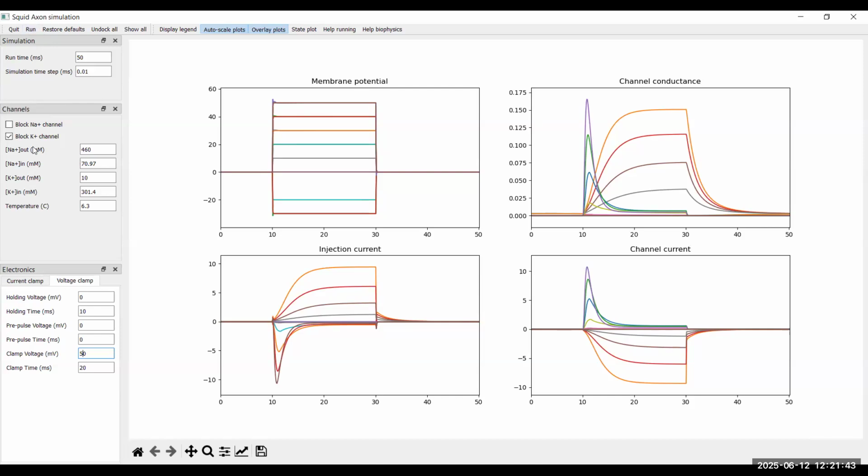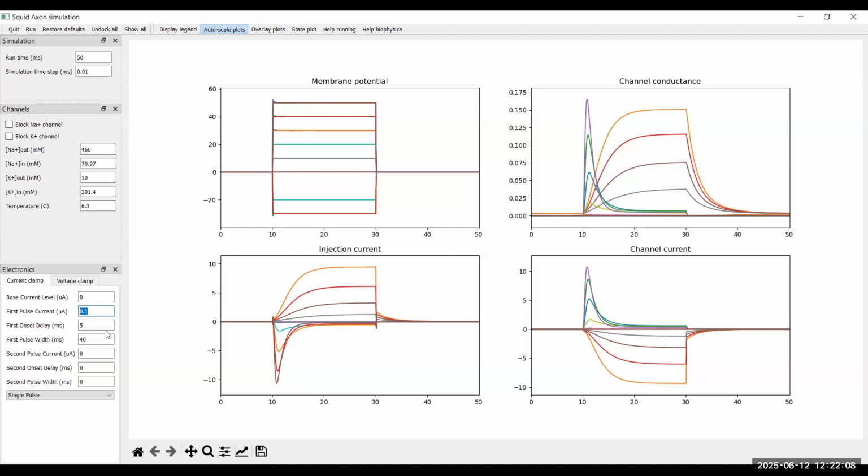Now we can switch from voltage clamp to current clamp. So in current clamp, we change the current. We are not controlling the voltage, we are only controlling the current. And here we are giving a current pulse of 0.1 microampere.